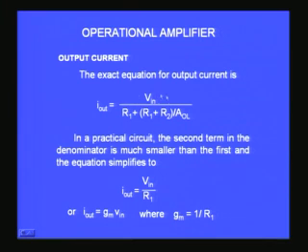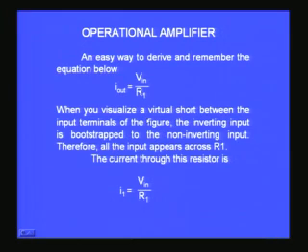The exact equation for I output is given by V in by R1 plus R2 divided by AOL, and because AOL is much larger, this term can be ignored, and therefore what you are left with is only V in by R1. So this is also a very simple circuit which will provide you with a conversion from voltage to current.